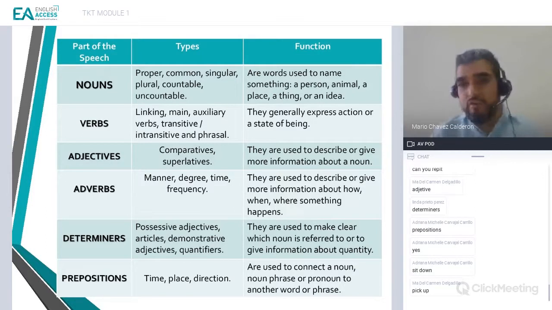You can say on Monday, on Tuesday, on Wednesday. You can say at 12, at 10, at 5. Prepositions of place, you can also say in, on, at, but when you refer to the place, next to, behind, etc. Prepositions of direction like on the right, on the left, forward, backward, etc.